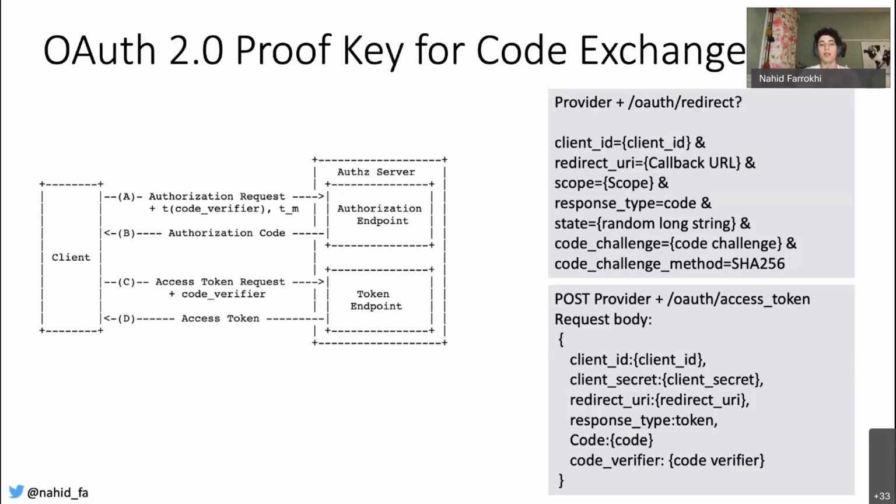But here in PKCE, this secret is like a dynamic secret, right? On each request, on each full flow, the authentication is happening. Why? Because the mechanism is such that this client has a code verifier, which is a random string, right? They would say, okay, I have this random string that I generated.